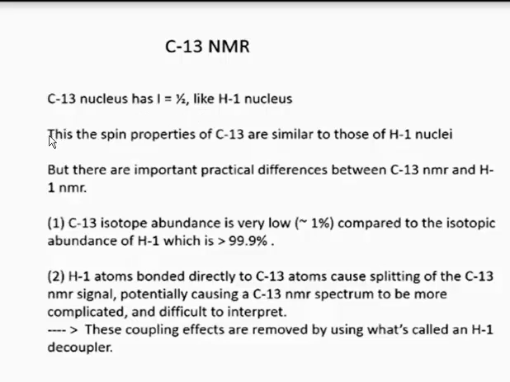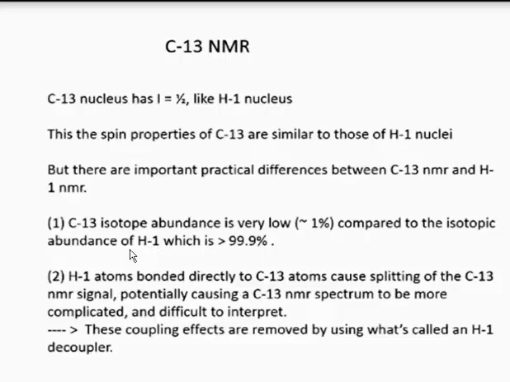However, one difference between C13 and H1 is the relative number of C13 nuclei in an organic molecule compared to the number of H1 nuclei in the molecule. H1 is the most abundant isotope of hydrogen. Its abundance is more than 99.9%. That means almost every proton in an organic molecule is an H1 atom.